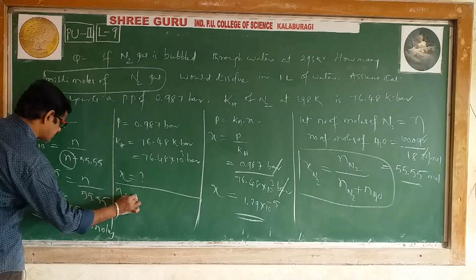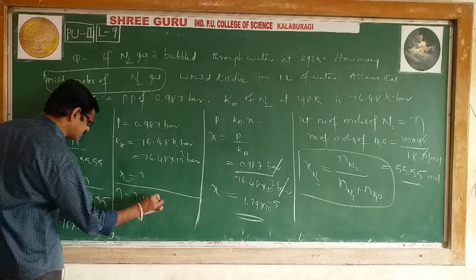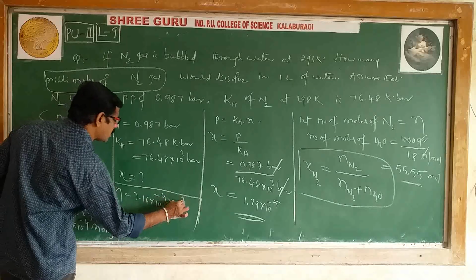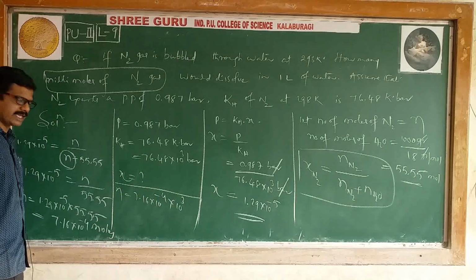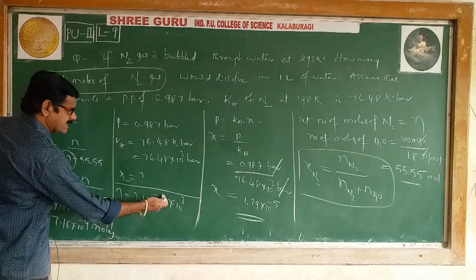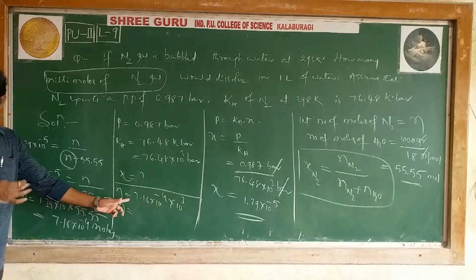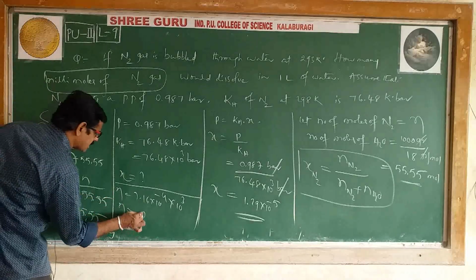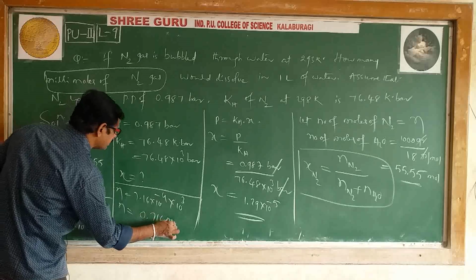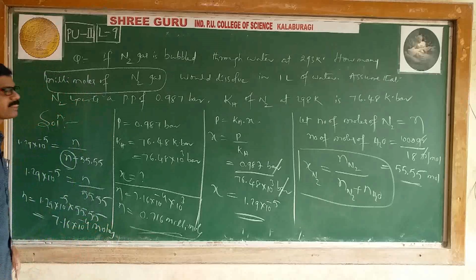Finally, n is equal to 7.16 into 10 to the power of minus 4 into 1000, and you will get millimoles. Therefore n is equal to 10 to the power of minus 4 plus 3, minus 1. Minus 1 means the point will shift to the left side. You will get 0.716 millimoles as our answer. That's it.